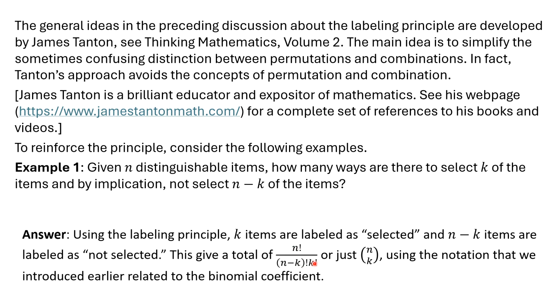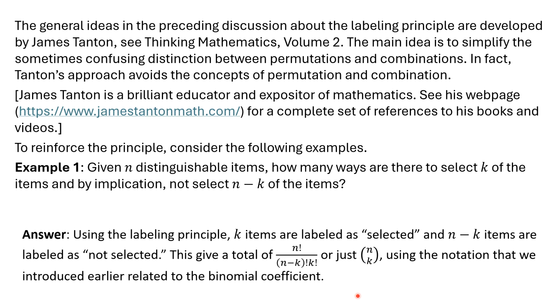And then we need to divide out the number of arrangements of the items that are labeled as selected, and that's k factorial, and then multiply that times the number of arrangements of the items that are not selected, that's n minus k factorial, and you get this here, which is often written in this notation, n choose k.